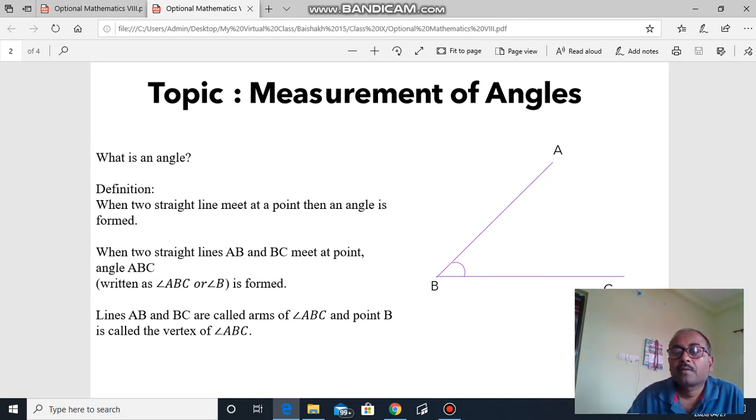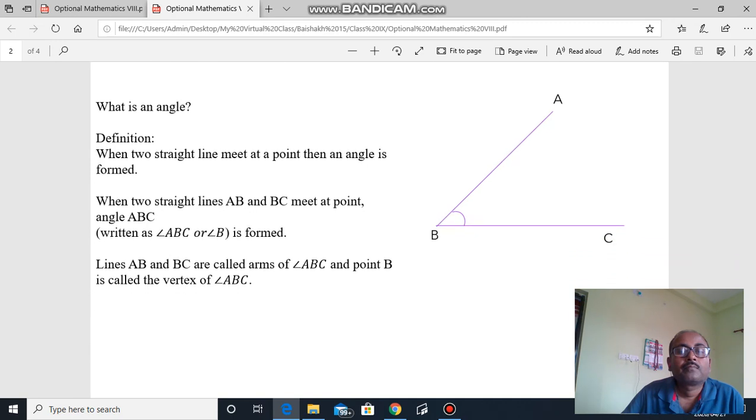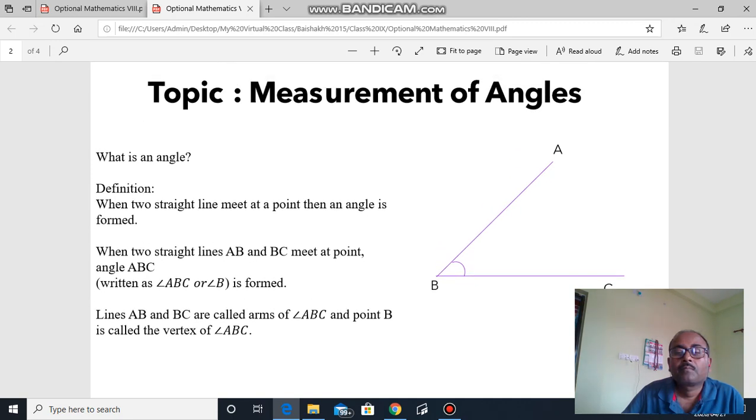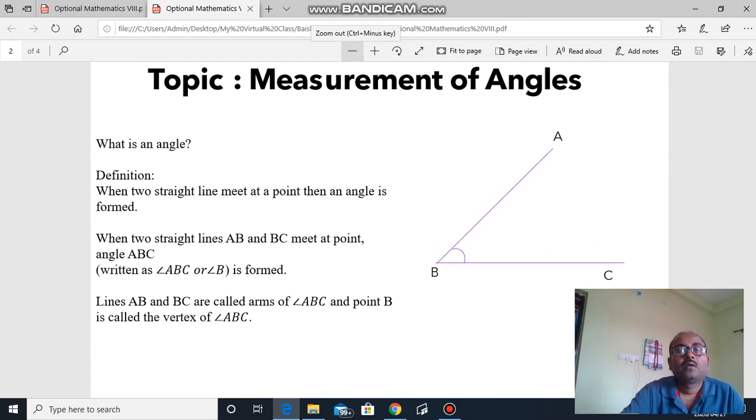Now, let us see this slide. Our topic is measurement of angles. So first of all, being a student of mathematics, you should know what is an angle.